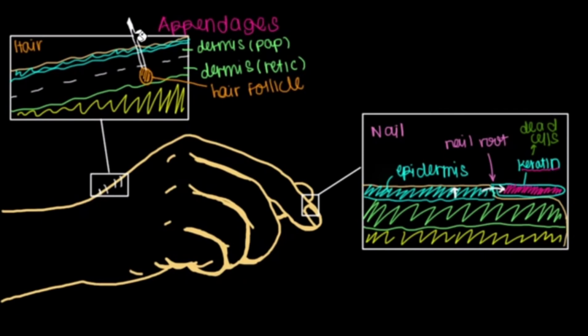upward, and notice that it has its own stratified squamous epithelial cells that are of course filled with keratin, stuck inside the hair that I'm coloring right now, and also the surrounding, which grows about 0.5 to 1.25 centimeter per month.